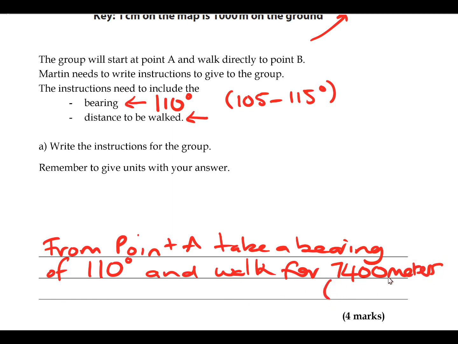And if you wanted to, you could put it in kilometres. So from metres to kilometres, divide by 1,000. And that question is worth 4 marks.